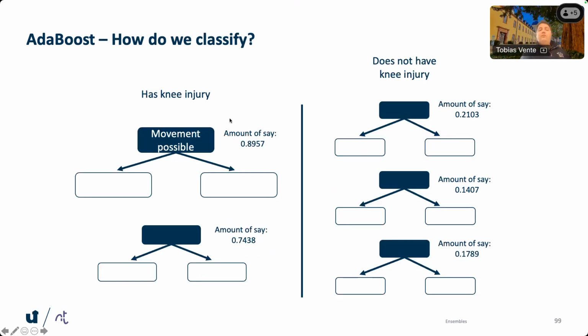And if we take the sum of all of these data points, it will reduce the sum by 3. And this actually will boost the other trees that predict the other outcome.